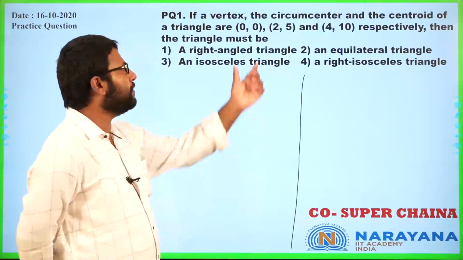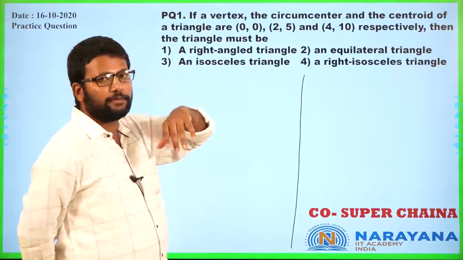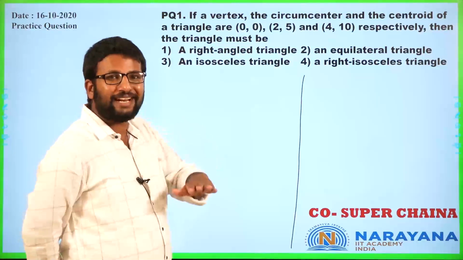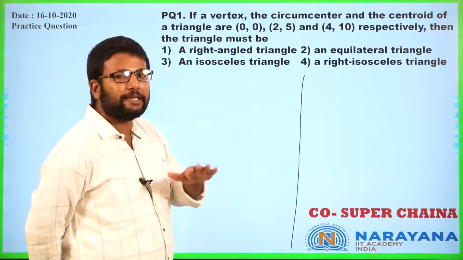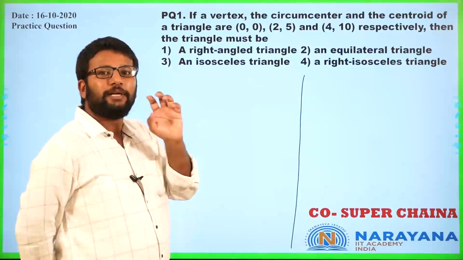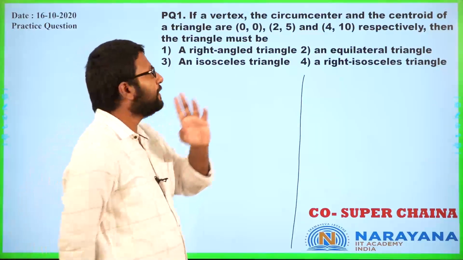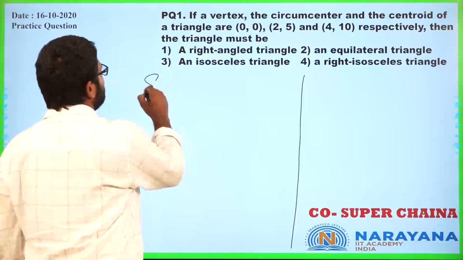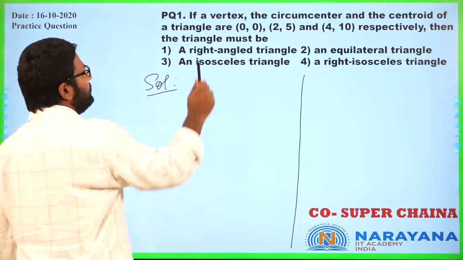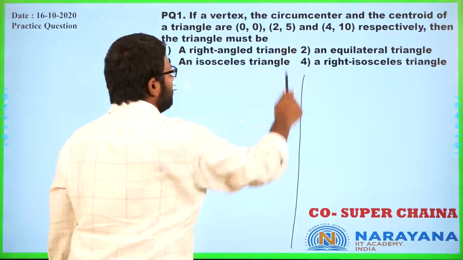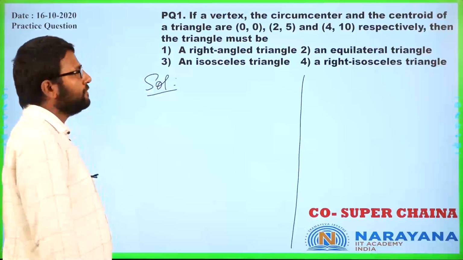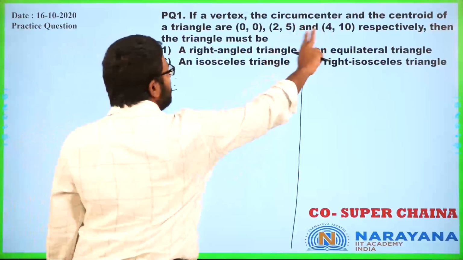What else can you do? Then observation. Stare at the numbers carefully, nicely, and see whether numbers are telling you some story. Look at these numbers. 0, 0, 2, 5, 4, 10. What is special about these numbers? Can you see 4, 10 is double of 2, 5?